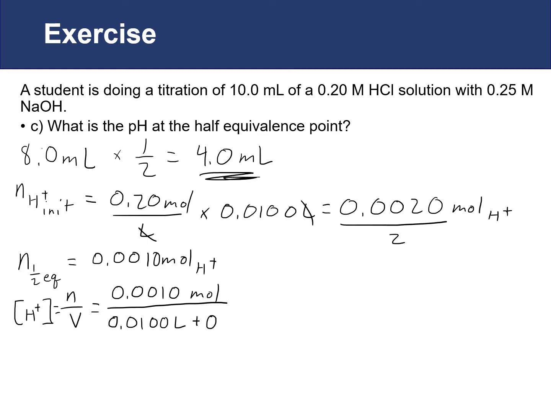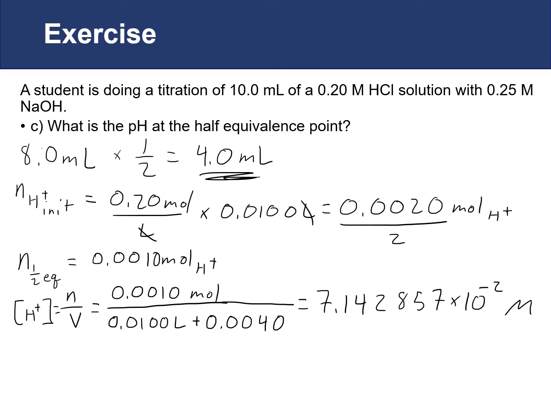So we've in essence diluted our solution down. That will give us 7.142857 times 10 to the minus 2 molar.